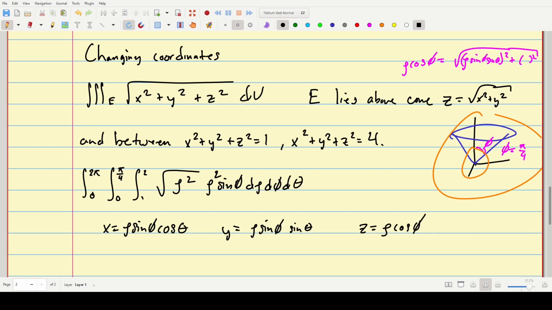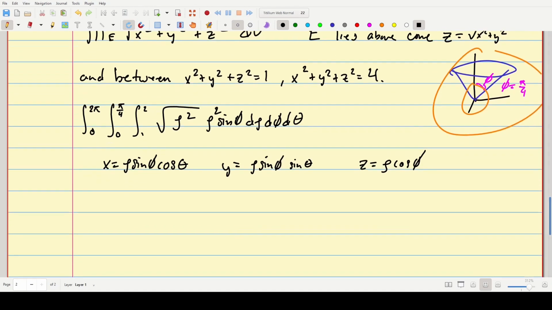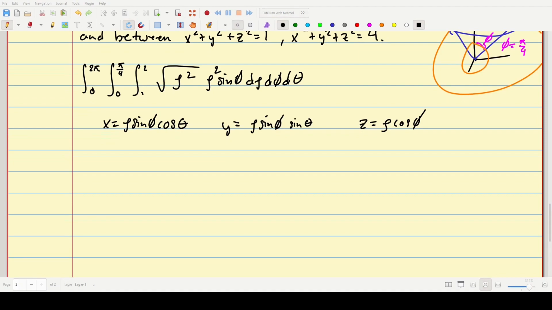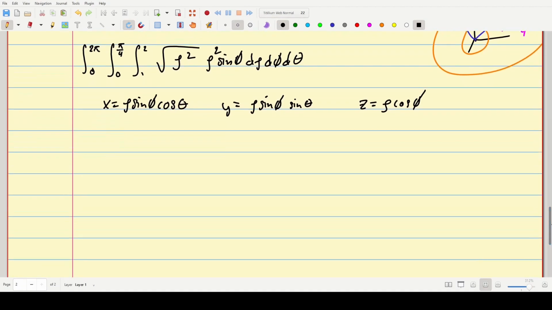Okay, so we don't forget the Jacobian for spherical coordinates. Plug all that in there. All right, and now we're very happy with the way that this all worked out because we have this part here, which simplifies to rho cubed.